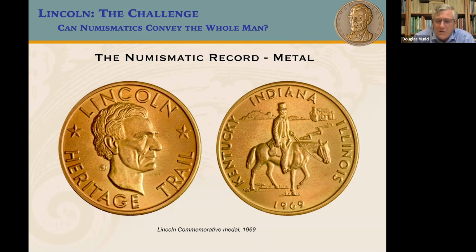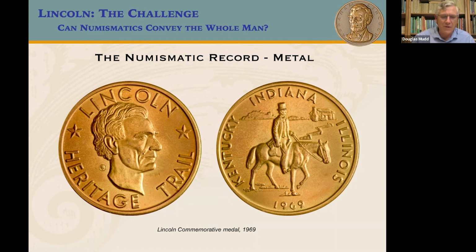On the reverse, however, at least they've conveyed some of his characteristics. You can see, despite his being mounted, that he is a very tall person. The features are too small to really be able to tell much, other than the nose appears to be prominent and his ear is quite prominent.